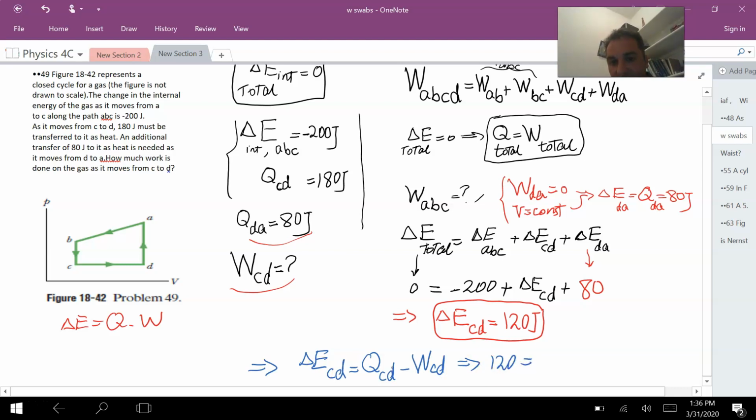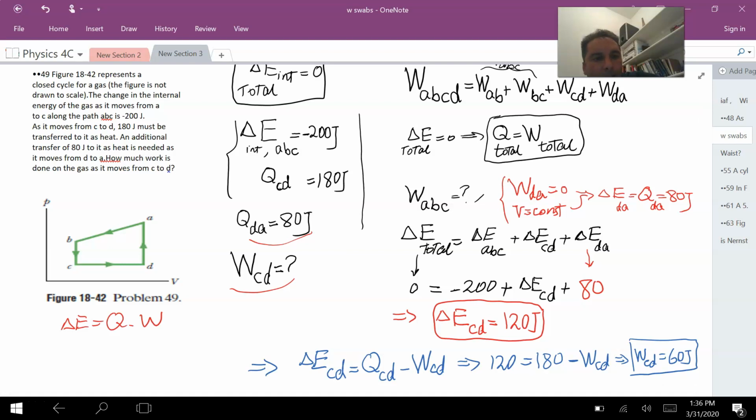QCD, do we have it? Yes, 180. Work done in CD is unknown. Therefore, WCD will be found, will be 60 joules. That's all. Yes, will be 60 joules.